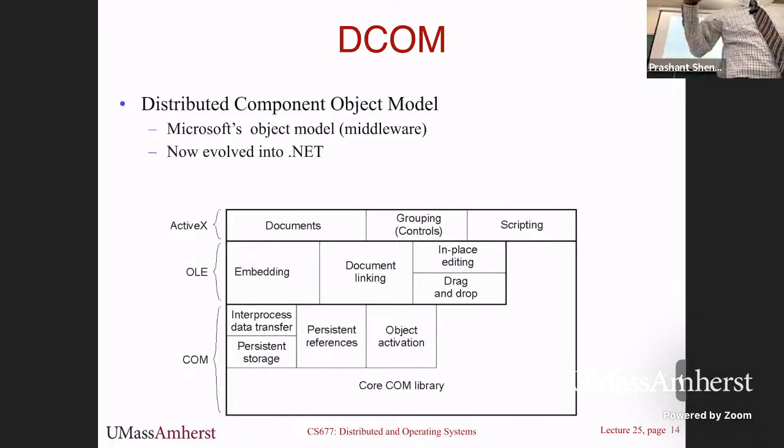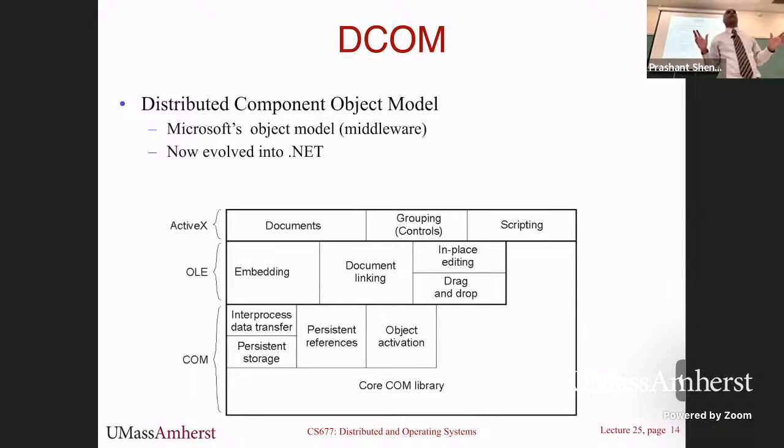Okay, so ActiveX controls essentially added some web functionality to this. Okay, so that was Microsoft's evolution over maybe 10, 15 years of why they wanted RPCs. They wanted RPCs not for Windows, but they wanted it more for Office. And then they allowed you to do object linking and embedding, ActiveX, and so on.